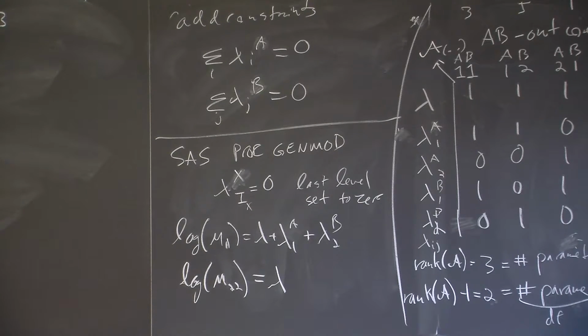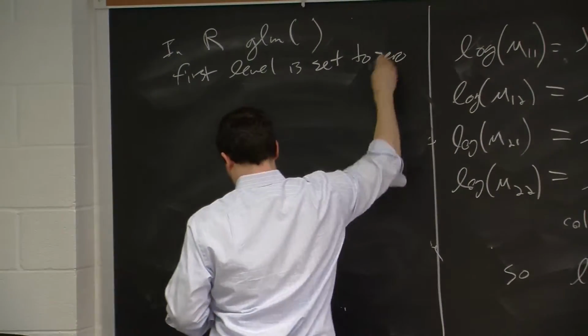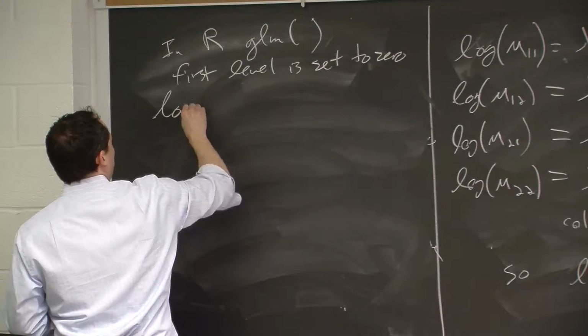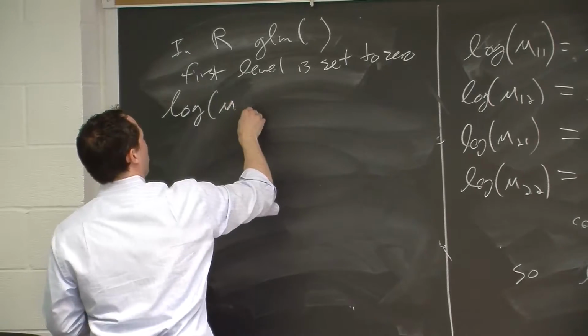In R, it has this function glm. The first level is set to 0. Of course, you can change these, but these are the defaults.